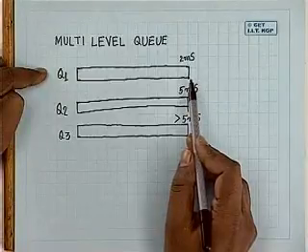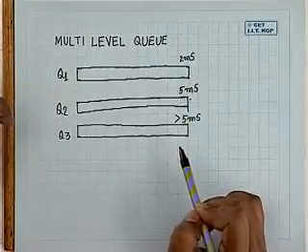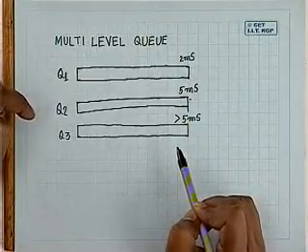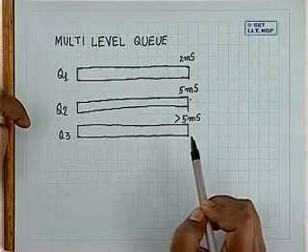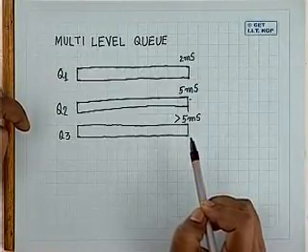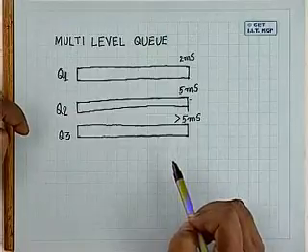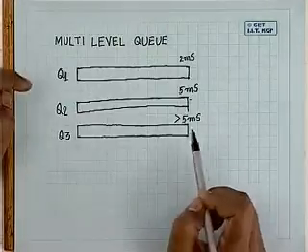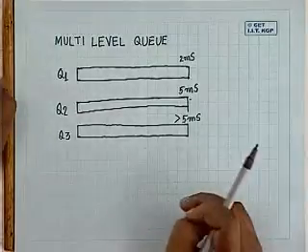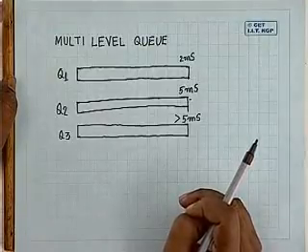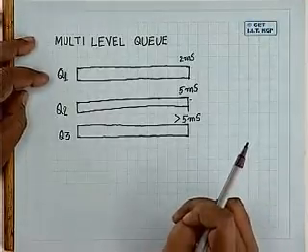But there is a disadvantage. It does not take care of the dynamic nature of the job. For example, a job may initially take CPU bursts of greater than 5 milliseconds, which means the job is CPU bound.